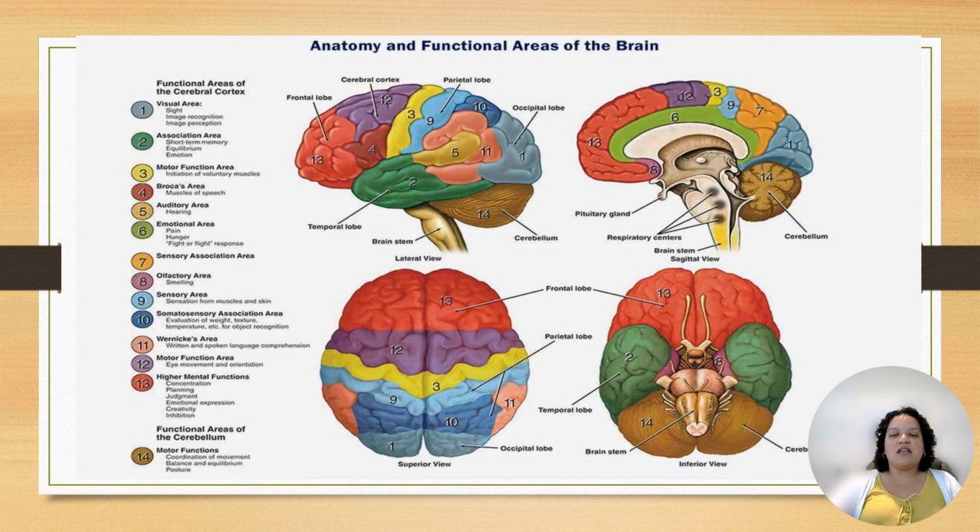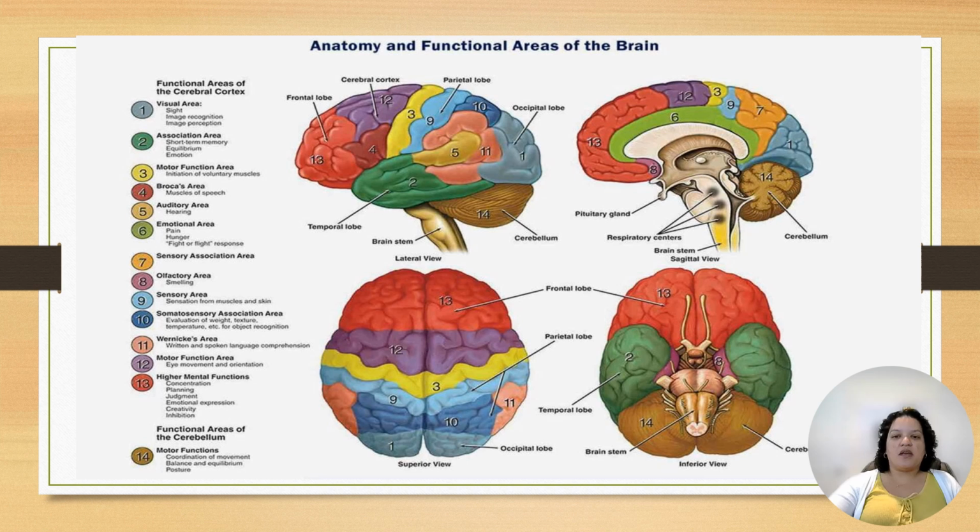And this image that I added here is just for your reference. You can go back to it. You're going to have this presentation available to you, the PowerPoint. But just to mention some of the structures or areas that are colored, this is the frontal lobe, and then we have the cingulate gyrus.